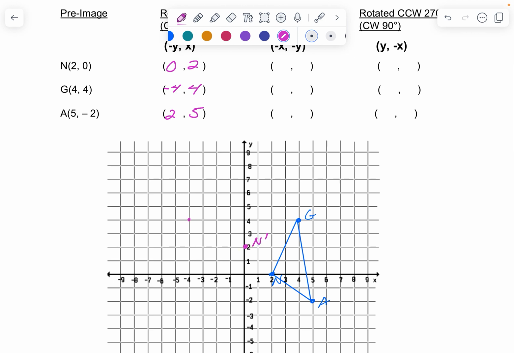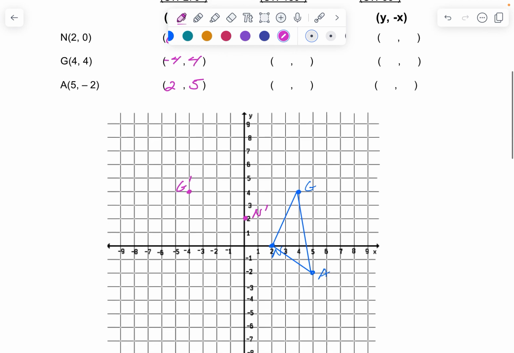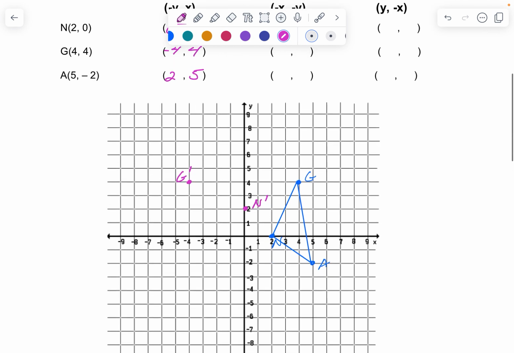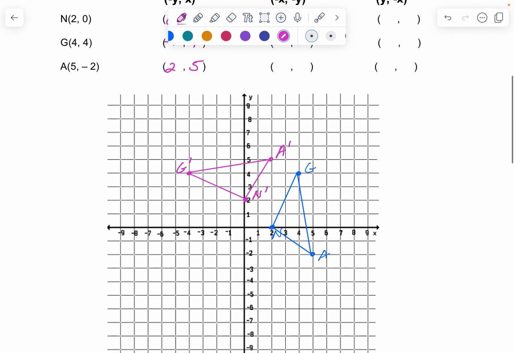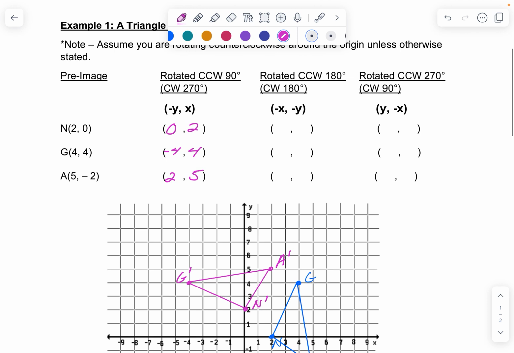(Negative 4, 4), that's my G prime. And then (2, 5), there's my A prime. So when we rotate this 90 degrees counterclockwise, this is what we have, okay? When you do have your paper, you can turn your paper and see. Turn it 90 degrees. Blue is exactly where the pink is.